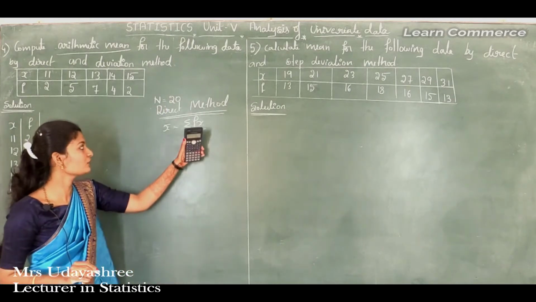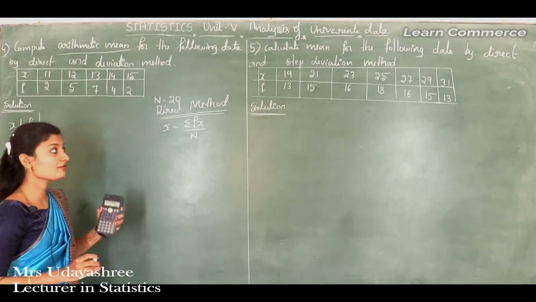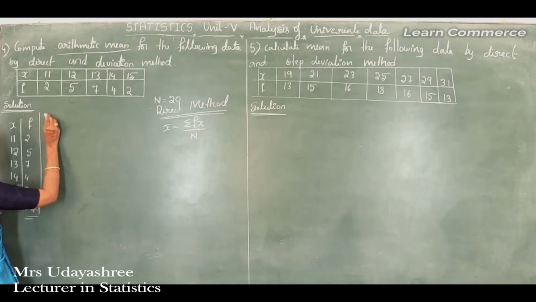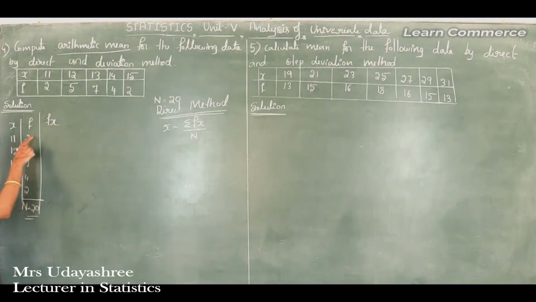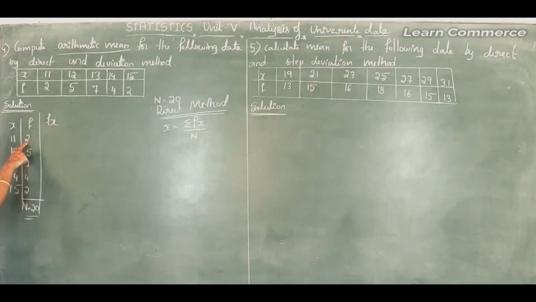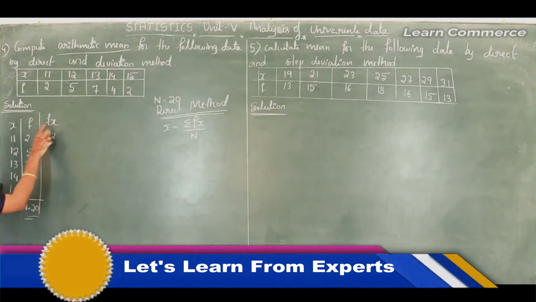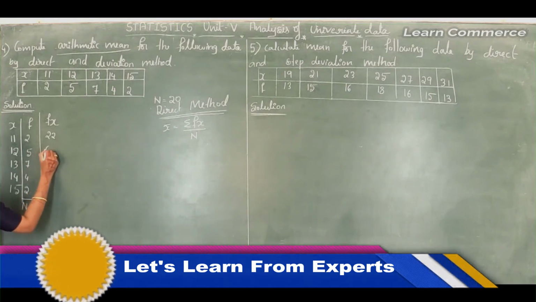Next we need to calculate the sum of fx, that is, the sum of f into x. Here x observations are there, f observations are there, so next we need to do f into x. F is 2, x is 11, so 2 into 11 is 22. Next, f observation is 5, x is 12, so 12 into 5 is 60.